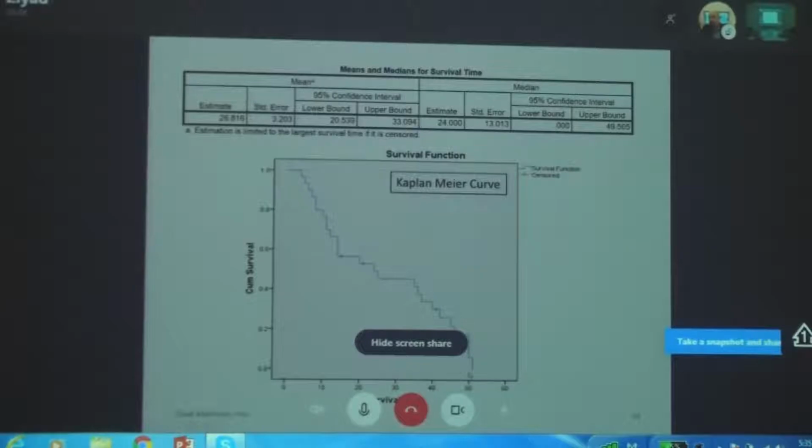Now sometimes the curve will not go down to 0. This usually means the last patient in the study is still alive and got censored. Here you need to think about the effect, because the effect of one patient is very high.